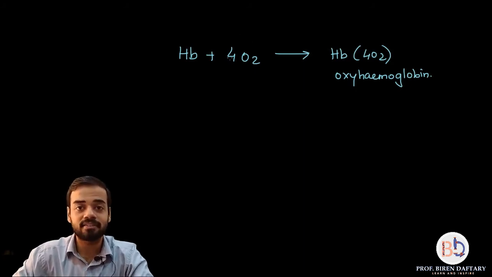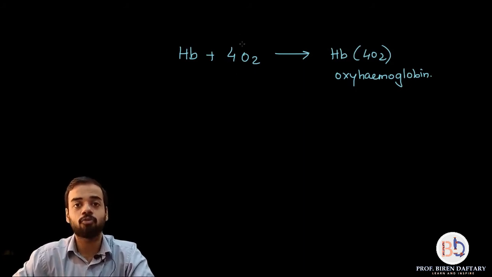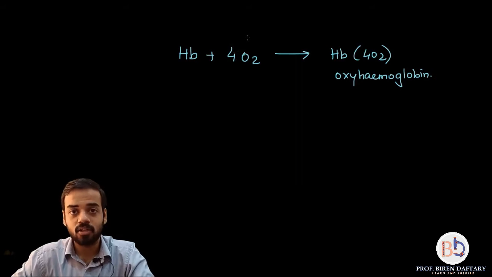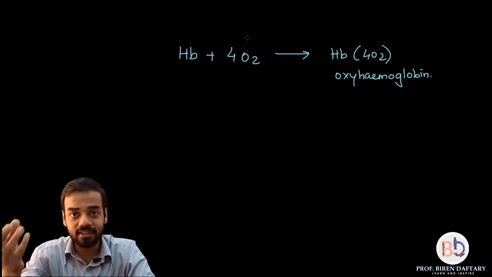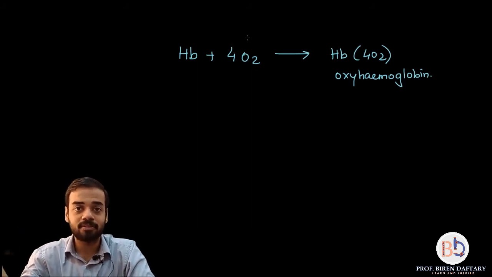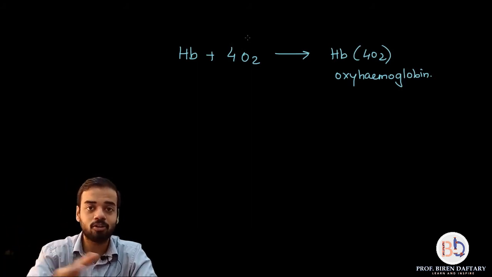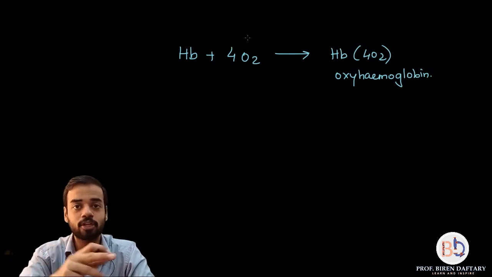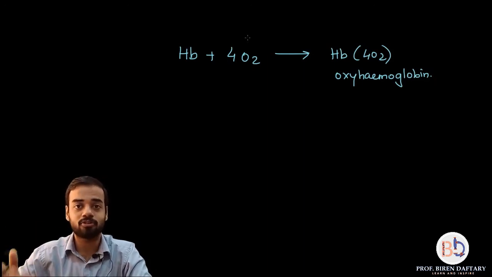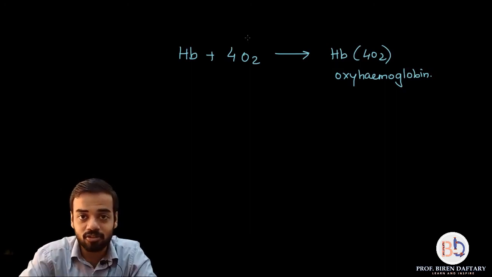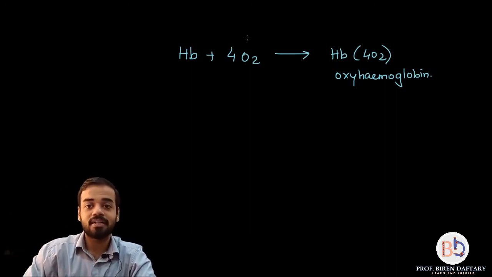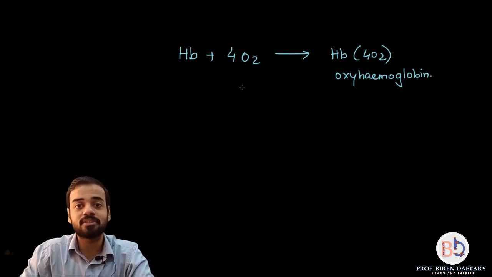So 97% of oxygen combines with the hemoglobin and forms oxyhemoglobin. Since I want to balance it out, I have added 4 over here. Is this clear? Then this oxyhemoglobin is formed in the RBCs, and these RBCs take this oxyhemoglobin along with them. The blood is flowing towards the cells or tissues, because the oxygen is needed by the tissues. As soon as that blood reaches the cells or tissues, this reaction becomes reversible.